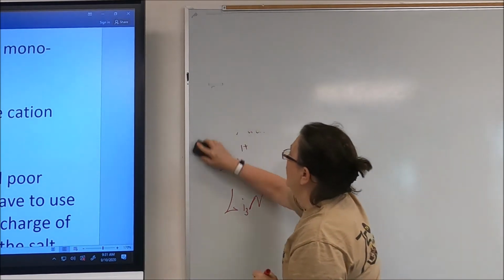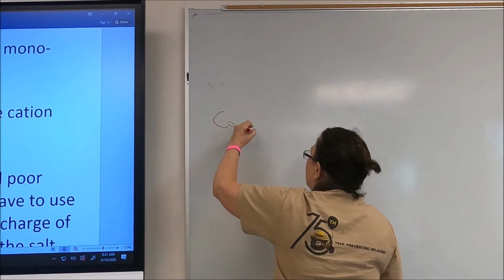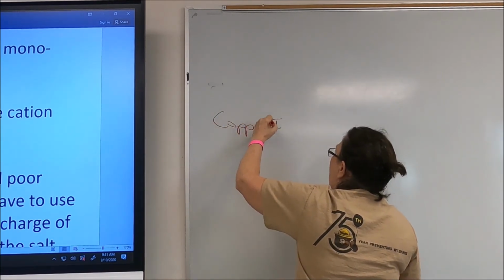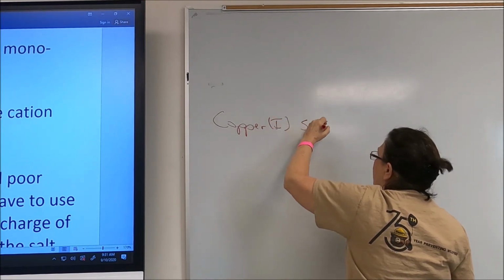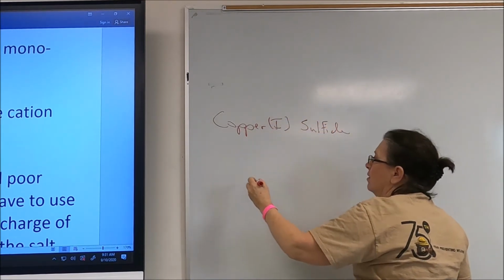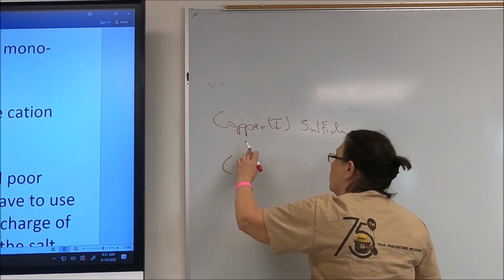If I have a transition metal, let's say like copper. So if I had copper 1 sulfide, the Roman numeral tells me the charge. So it's copper 1+.